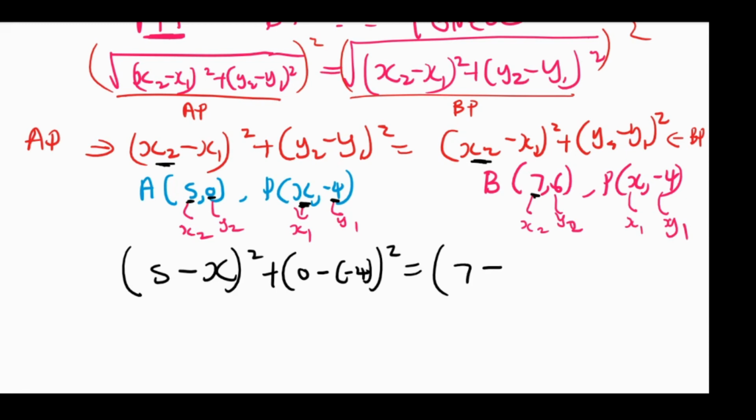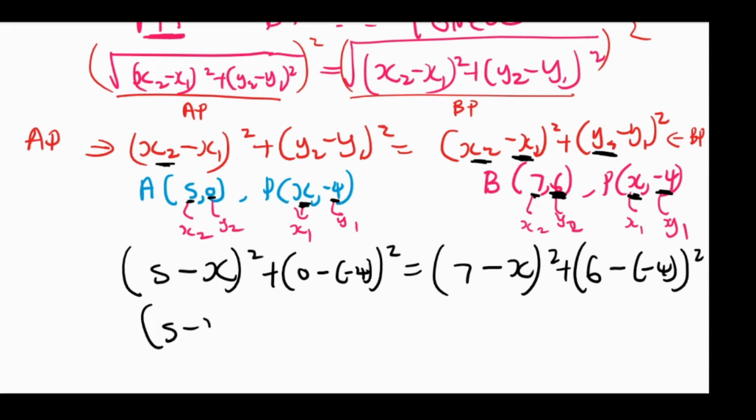So it's going to be 7 minus x squared plus y2, which is 6, minus y1, which is minus 4, squared.